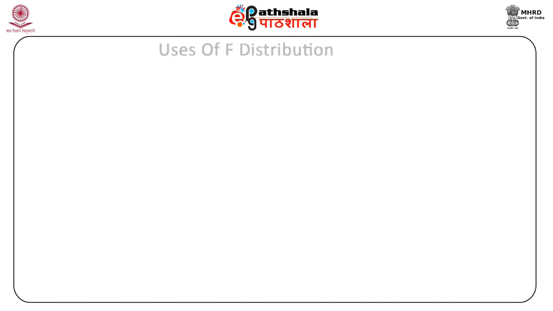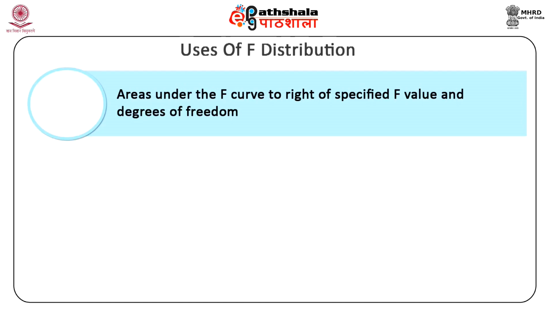F distribution tables give areas under the F curve to the right of the specified F value and degrees of freedom.